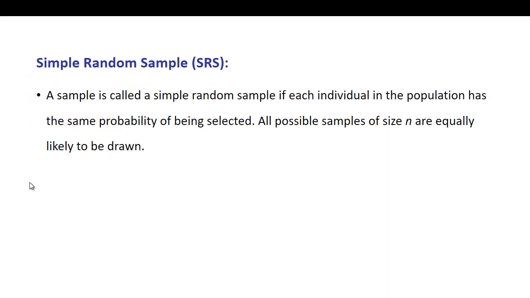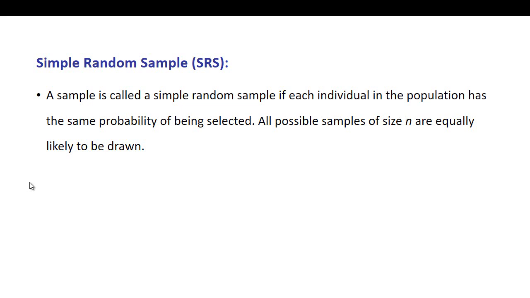Simple random sample, what is that? A sample is called a simple random sample if each individual in the population has the same probability of being selected. All possible samples of size n are equally likely to be drawn.